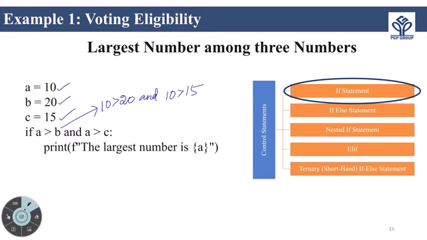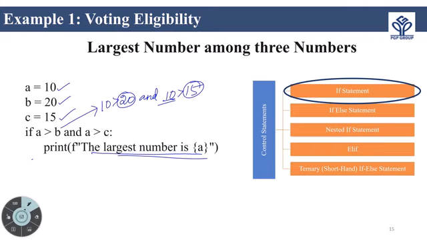See that A greater than B, our A value is 10, B value is 20. So this one is greatest, and A greater than C. So C is greater. So which one is smallest? So A. But we are getting the largest value.